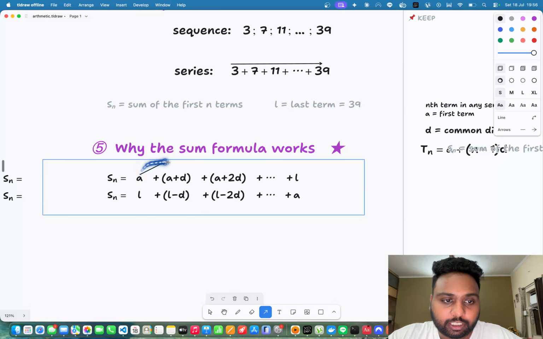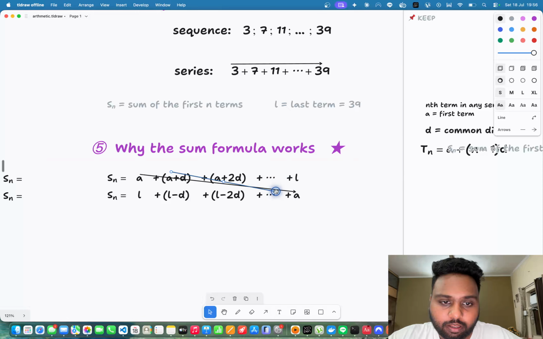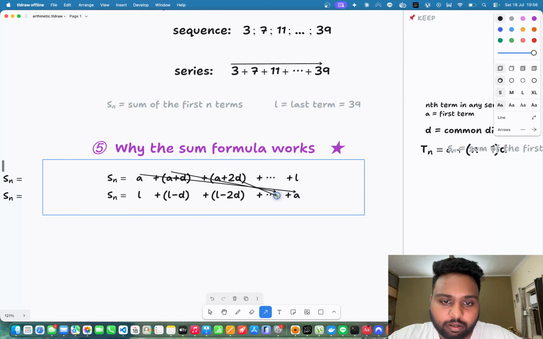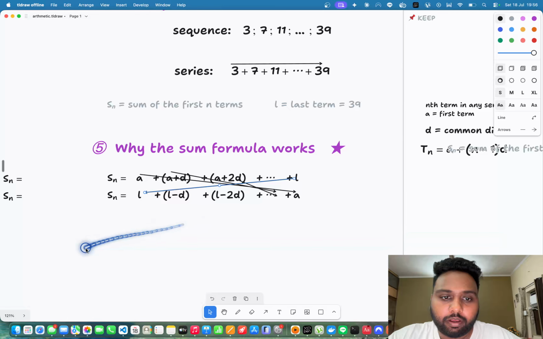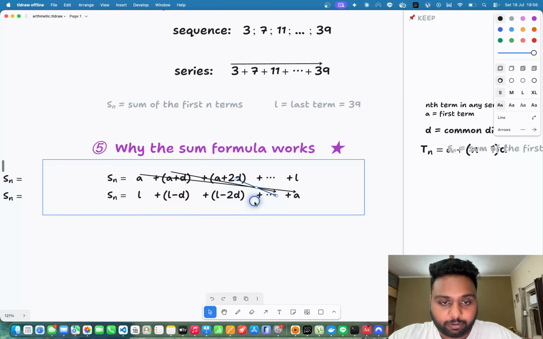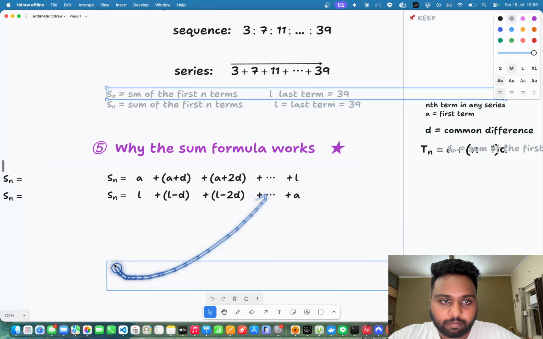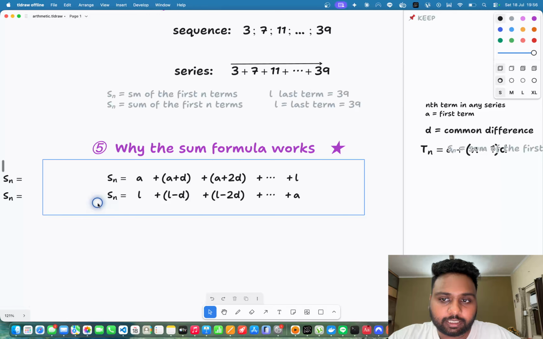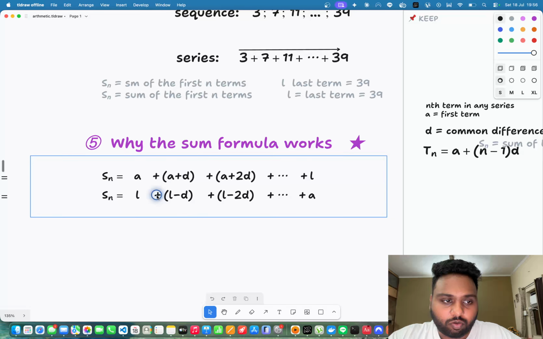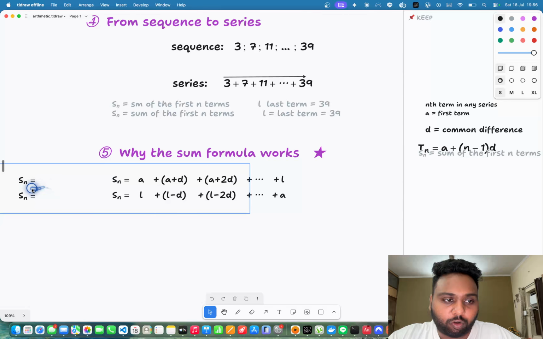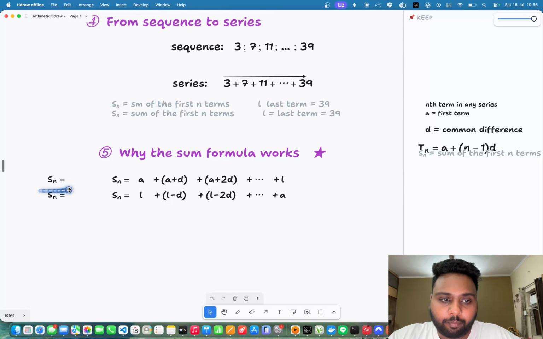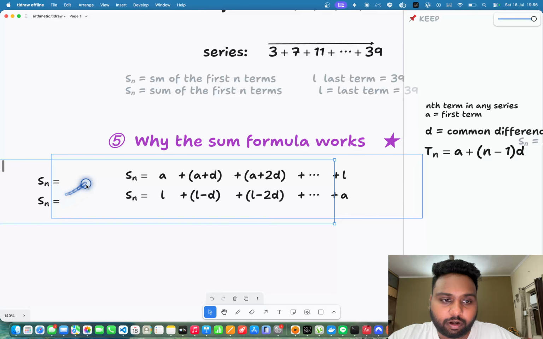But now comes the interesting bit. When I reverse this, both of them are equal to Sn, right?